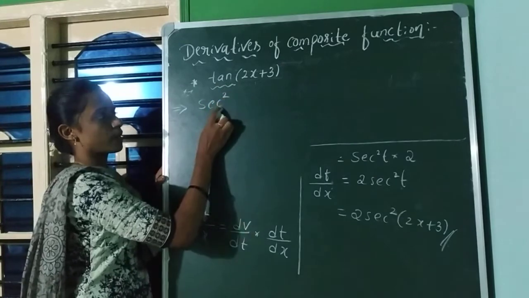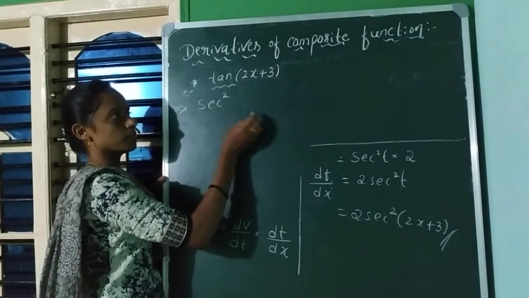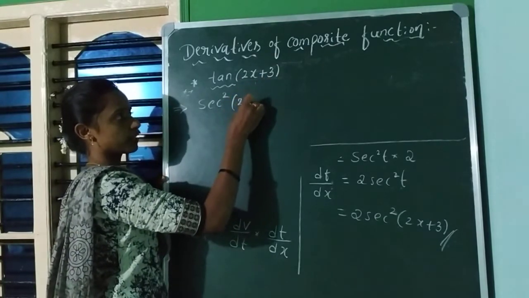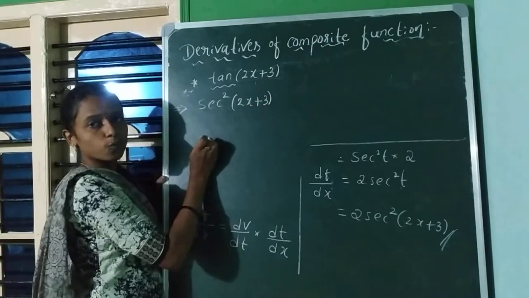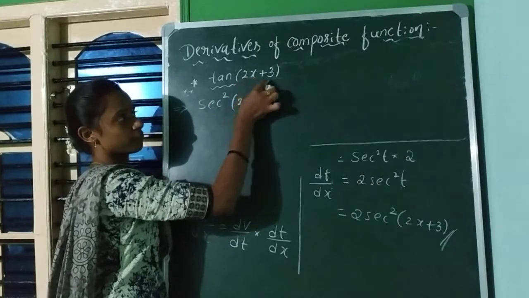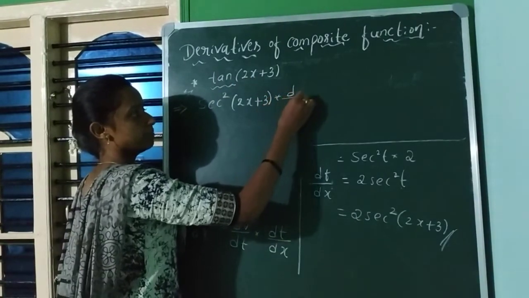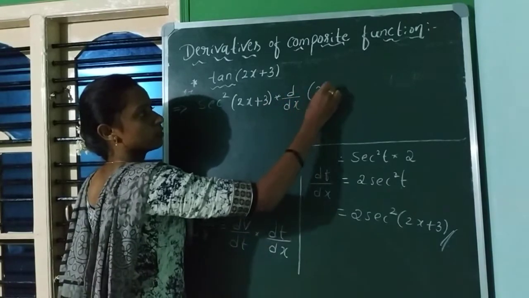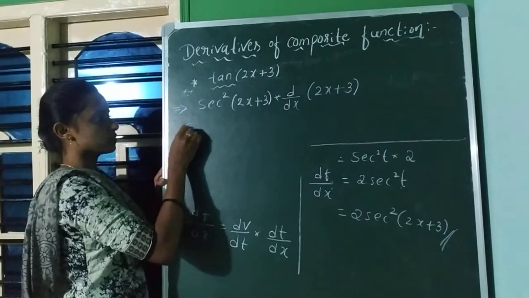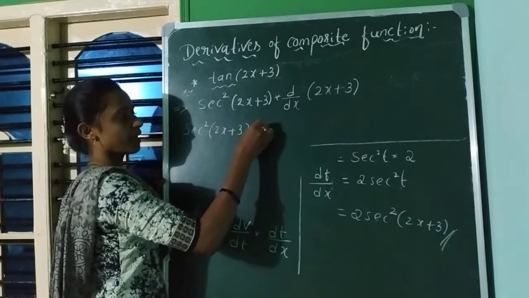For the secant square, instead of writing the variable x, you need to write the inner function as it is, that is 2x plus 3. Once you differentiate this function, again you need to differentiate the inner function without fail, so it is d by dx of 2x plus 3. Is it clear? Now you write secant square 2x plus 3 and differentiate the inner part.